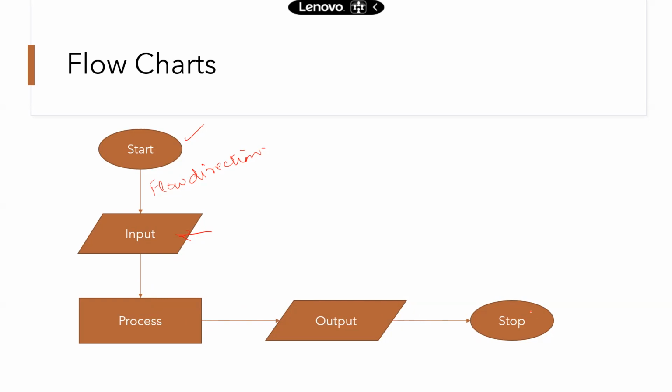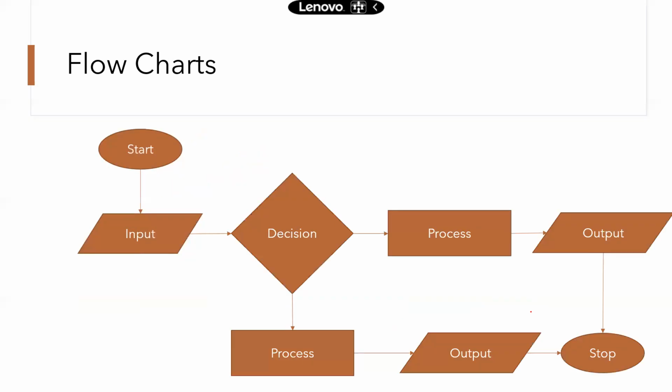Here, we are not using any decision boxes, but if we use a decision box, we can say that we're going to start from here, and then we're going to have a certain input. After the input, we are going to decide, based upon the input, whether this condition is true or not.